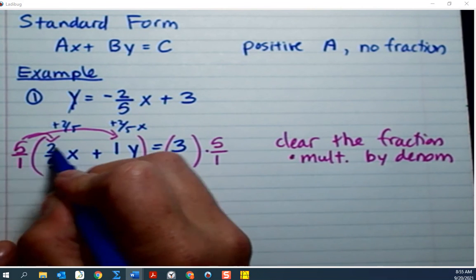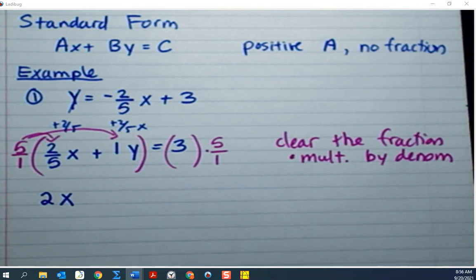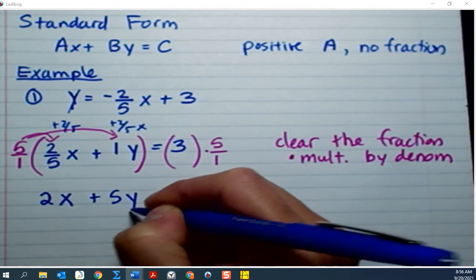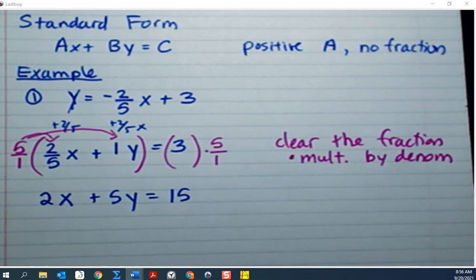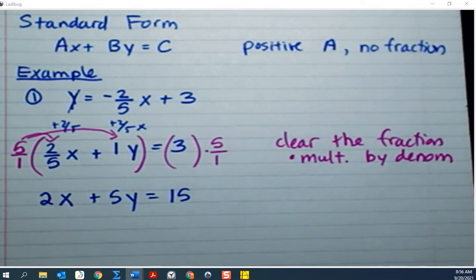Okay, so we get 10/5. Can I please write 2x? Yes? Plus 5y equals 15.